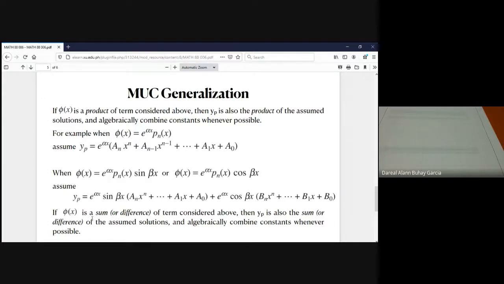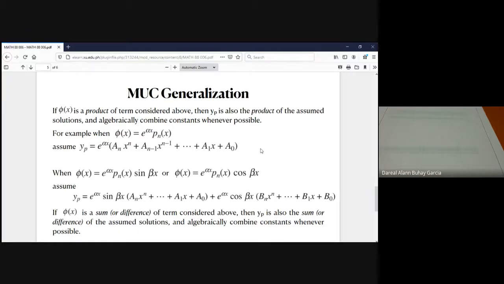It goes the same way if it is a sum or difference: if the right-hand side is a sum or difference of the terms considered, then YP is also a sum or difference of the assumed solutions. This will be clearer later in the examples.